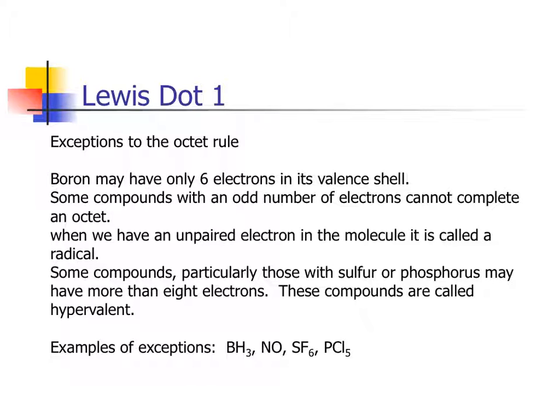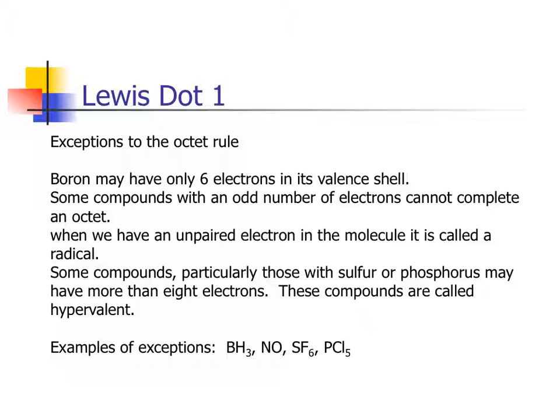Some other examples will be sulfur and phosphorus. I usually like to call them the naughty elements a lot of times because they go hypervalent. They're taking more than they should. And so they have that unpaired electron, and those are radical, which means they're not very stable.